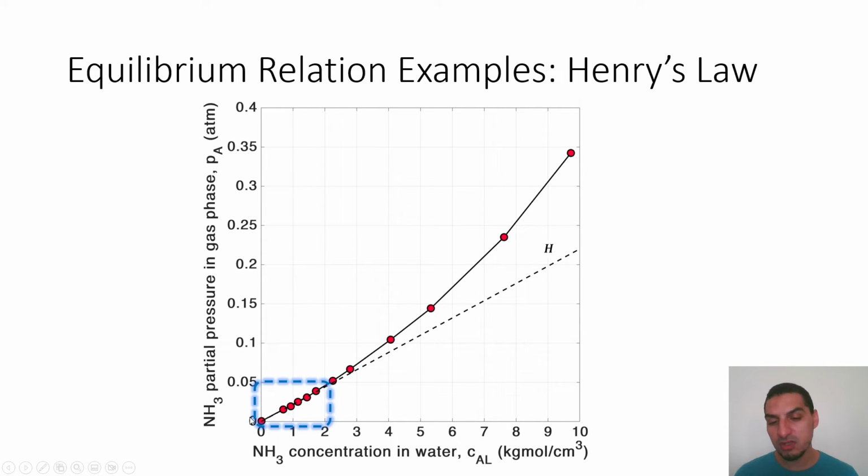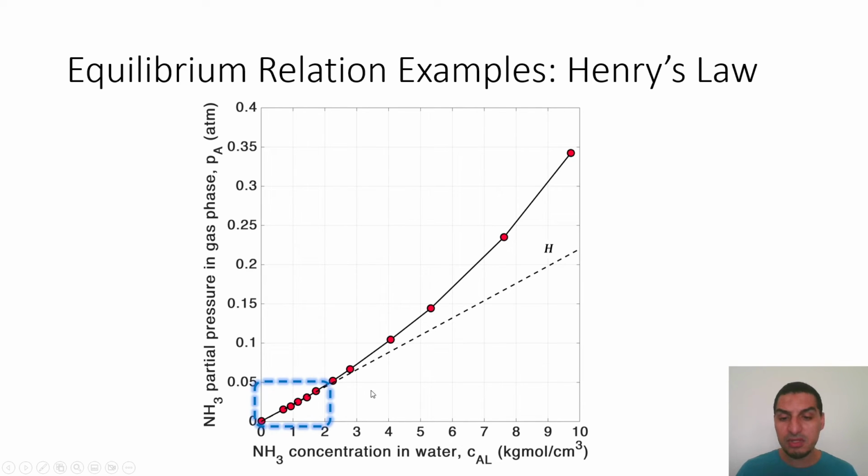Since it's a linear relation, I can focus only on this low concentration region. If I am operating at this low concentration region, then I can use this straight line part and describe my equilibrium relation as a straight line relation.